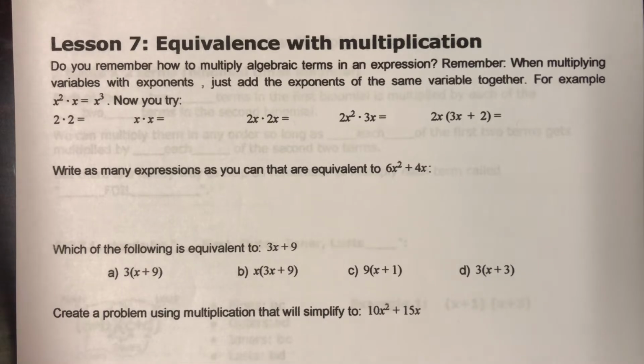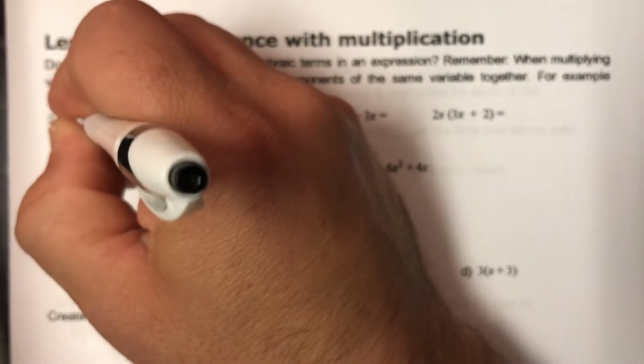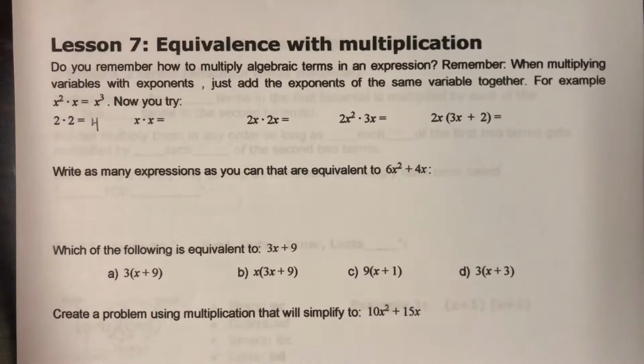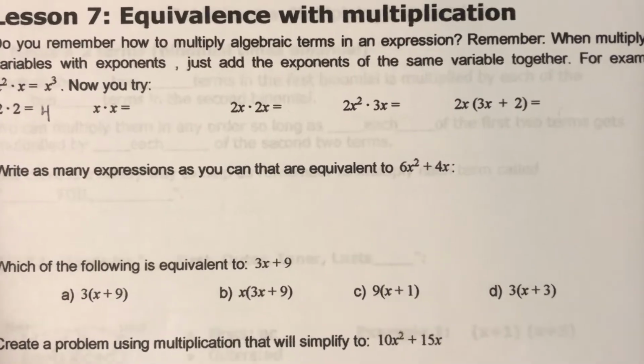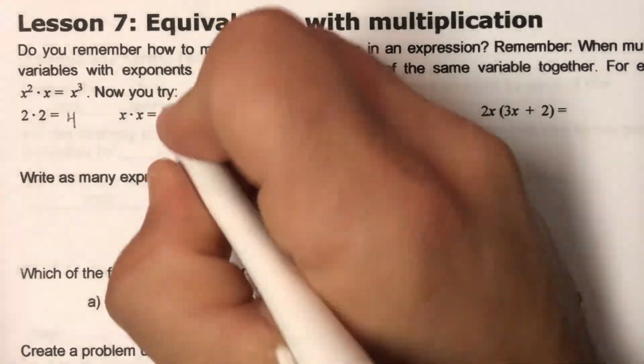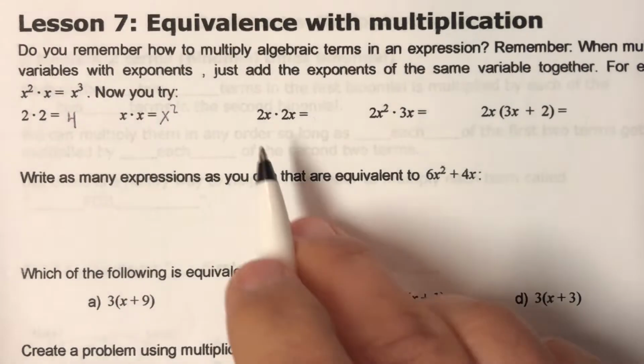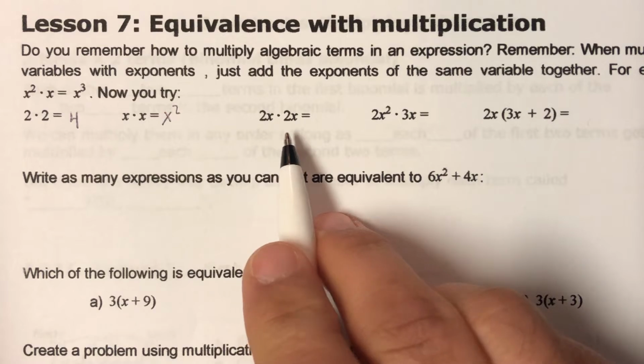All right. So hopefully you paused the video and tried this. So let's go through these. So the first one, 2 times 2 is 4, right? Let me make this a little bigger. x times x is going to be x squared. 2x times 2x.